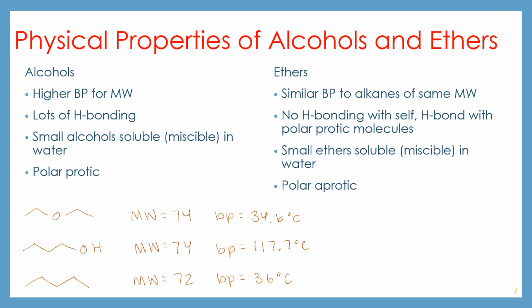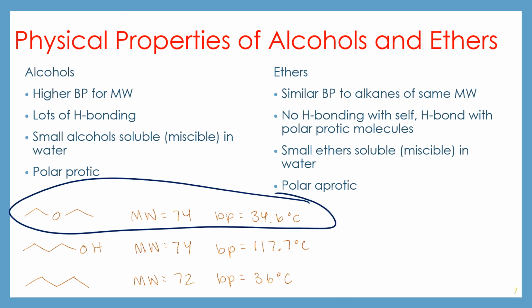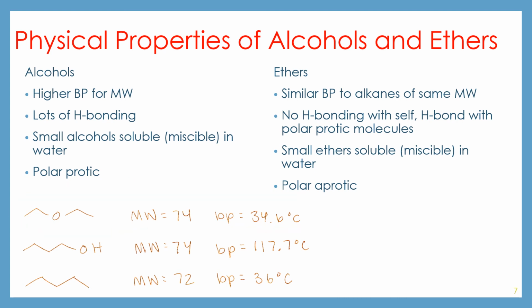They can hydrogen bond with other polar protic molecules, so if you were to mix these two together, it would actually be a lot more difficult to boil off the ether than if it was just ether on its own. But when ether is alone, it tends to have a pretty low boiling point, and they are polar aprotic.